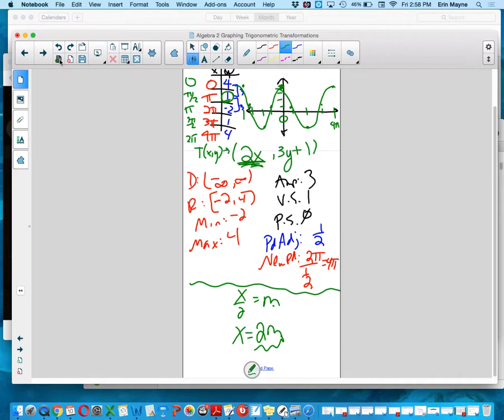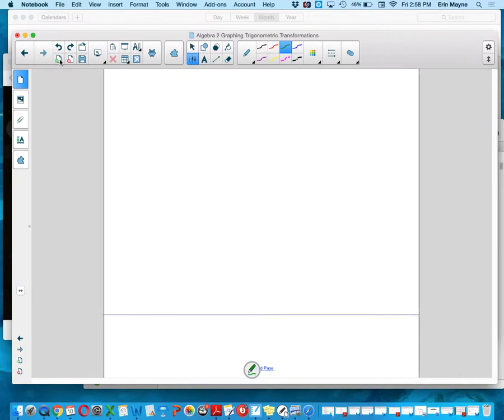Here's your second equation. This time, we're not going to deal with anything vertically. We're just going to say, hey, I'm going to take 2x minus pi. But now what's the difference? Yeah, so we're going to need to divide the x values by 2, and it looks like your phase shift is what?